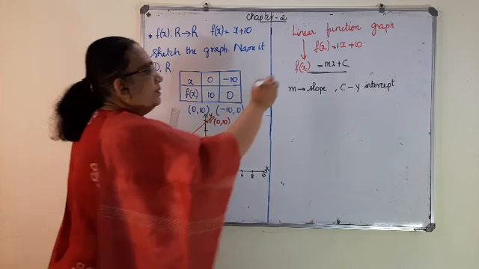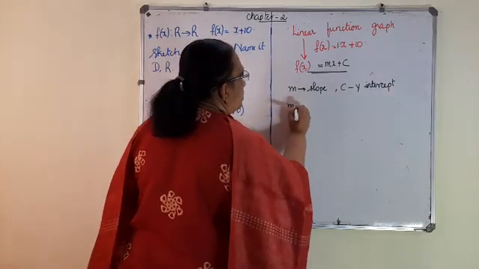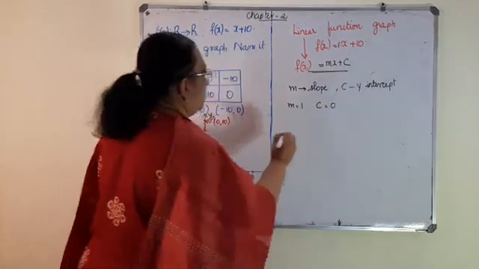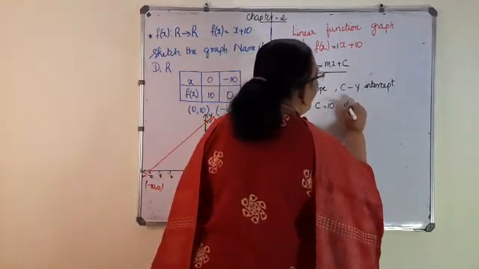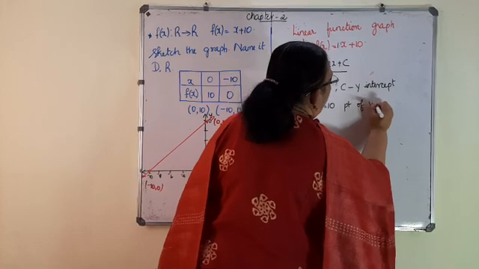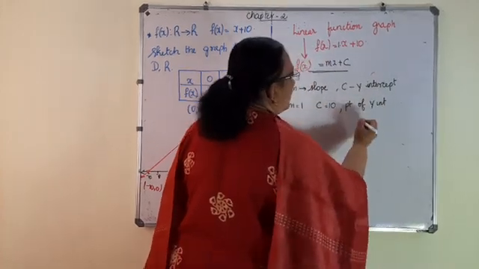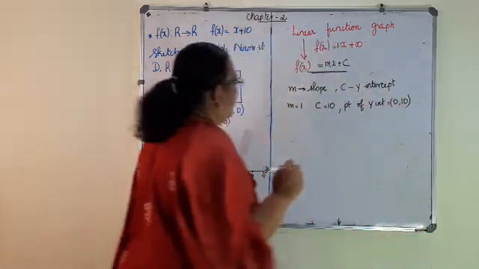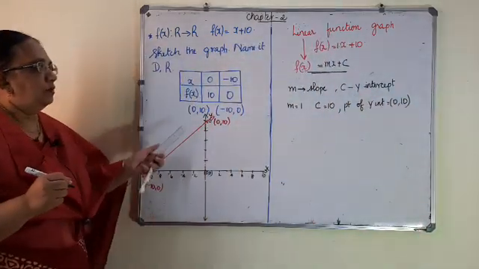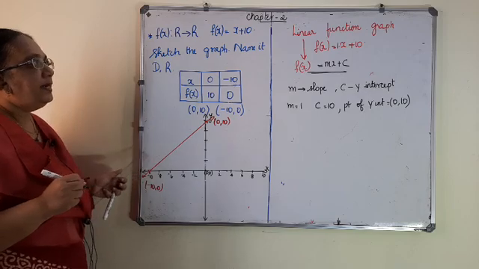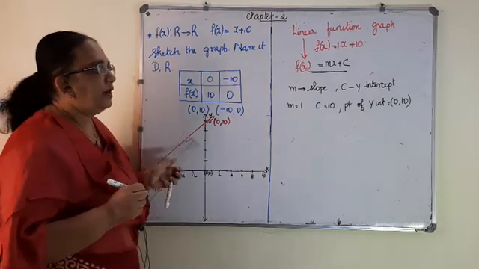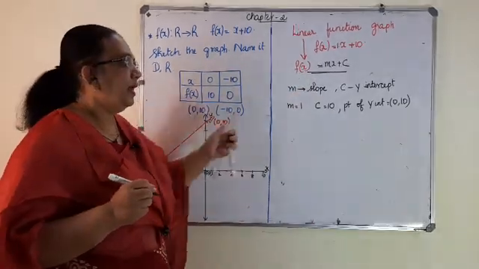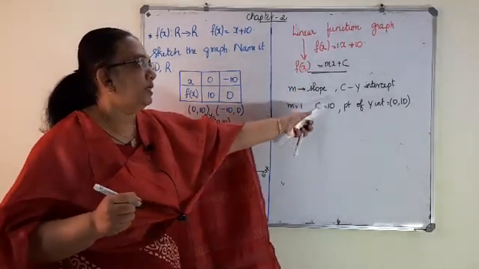So here in this case the slope is equal to 1, the y-intercept is equal to 10 and the point of y-intercept is 0 comma 10. A linear function graph is of the form f of x is equal to mx plus c, where m is the slope and c is the y-intercept.